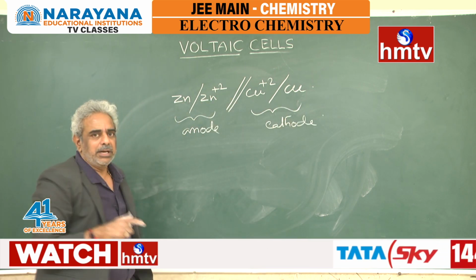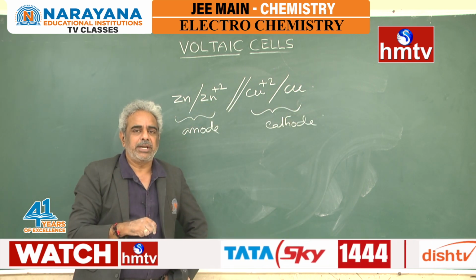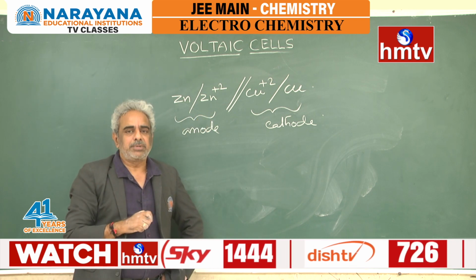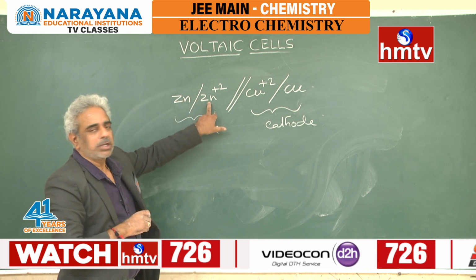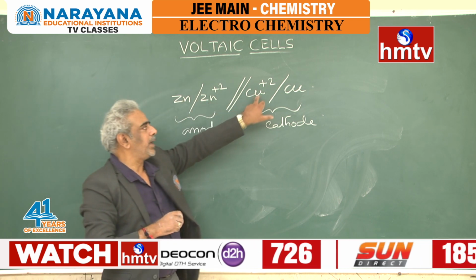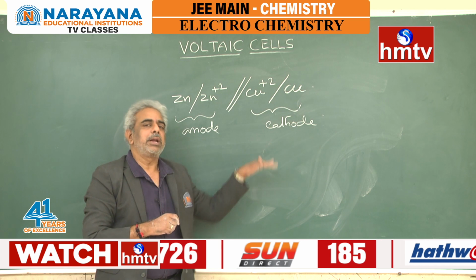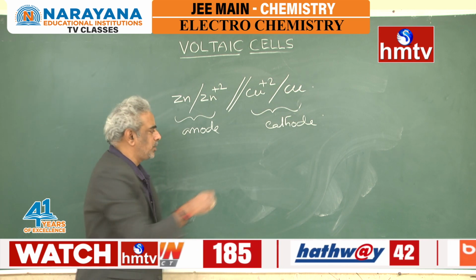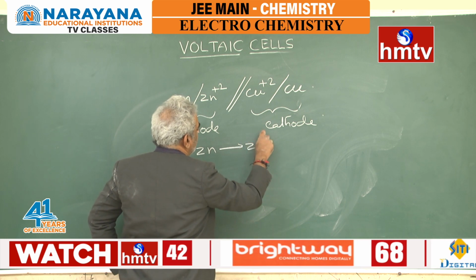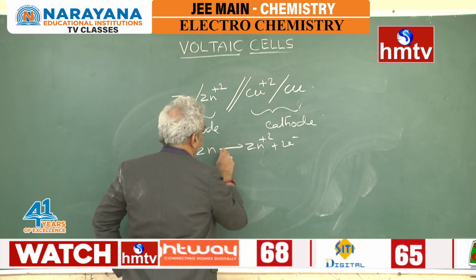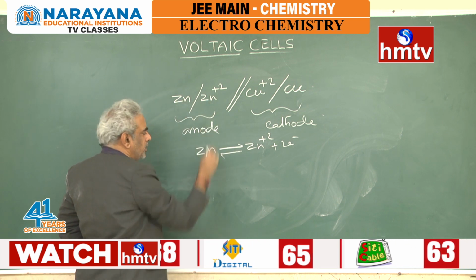As the anode material equilibrium shifts in the oxidation direction, the cathode equilibrium shifts in the reduction direction. You can say zinc metal is oxidized, you can say copper ions are reduced, you can write separate equations and cancel out like this. Zinc gives zinc 2+ plus 2 electrons, oxidation.